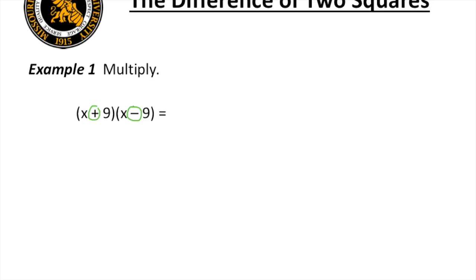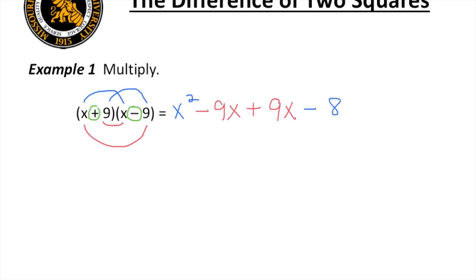So let's multiply. Applying the distributive property, we multiply our first terms together to get x squared. We multiply our outer terms together to get negative 9x. Our inner terms give us plus 9x, and our last terms give us negative 81.